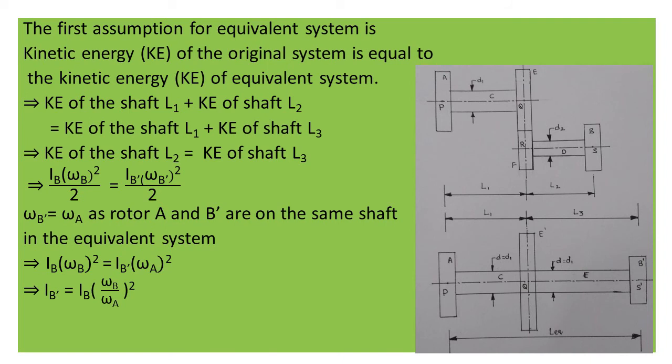It implies IB dash equals IB into (omega B by omega A) whole square. It implies IB dash equals IB by G square, since gear ratio G equals omega B by omega A.